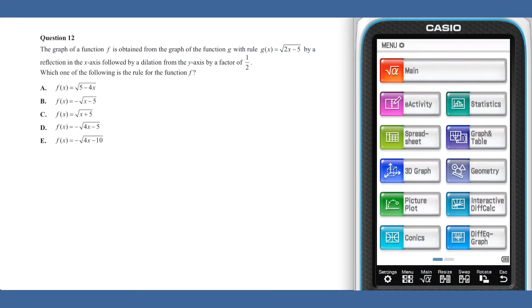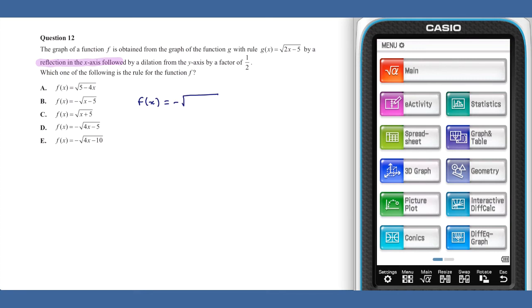Question 12 asks us to find a function using a series of transformations. Firstly, we are told about a reflection in the x-axis. That means that y maps to minus y. So our function will look like f of x equals minus square root something.